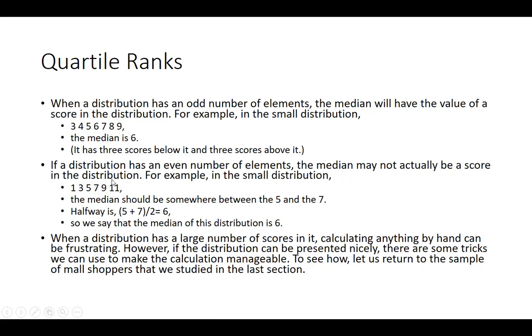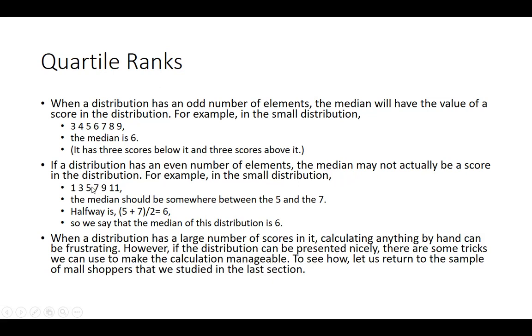If a distribution has an even number of elements, the median may not actually be a score in the distribution. For example, in the small distribution 1, 3, 5, 7, 9, 11, the median should be somewhere between the 5 and the 7. 3 in the first half, 3 in the second half, 5 and 7 as the end point of the first half and the beginning point of the second half.